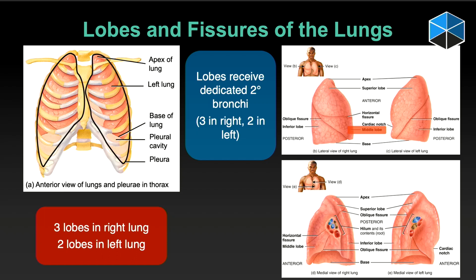But the number of lobes does affect the number of secondary bronchi, or secondary airway divisions, as those airways progress into the lungs. So being that the right lung has 3 lobes and the left lung has 2, if you were to follow those airways along, you'd see 3 secondary bronchi in the right lung and only 2 in the left.